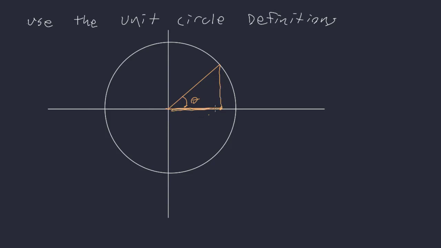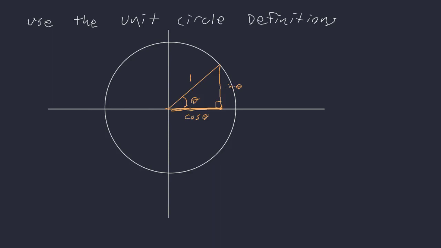The side adjacent is cosine theta, the side opposite is sine theta, and the hypotenuse is 1.